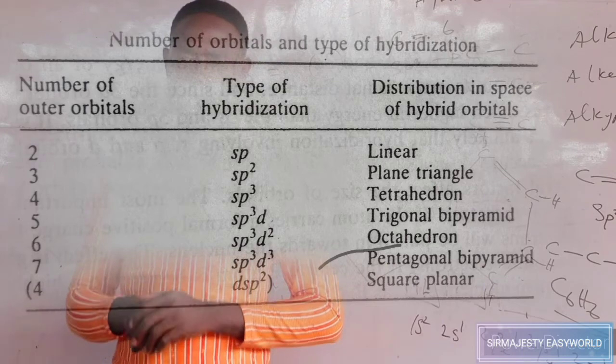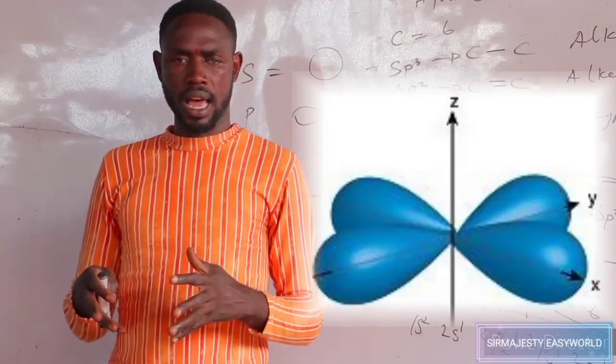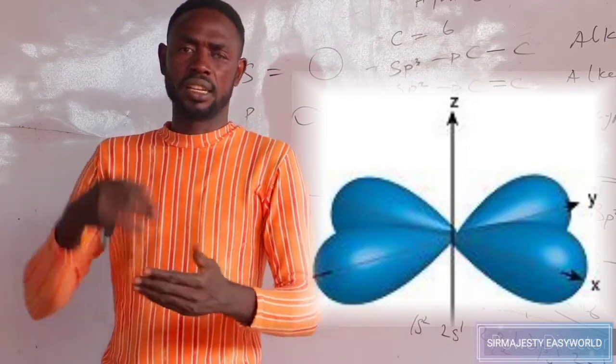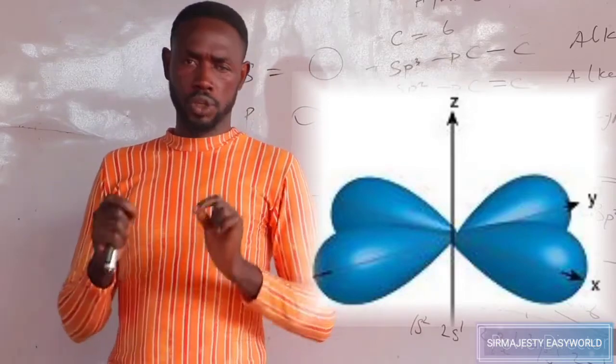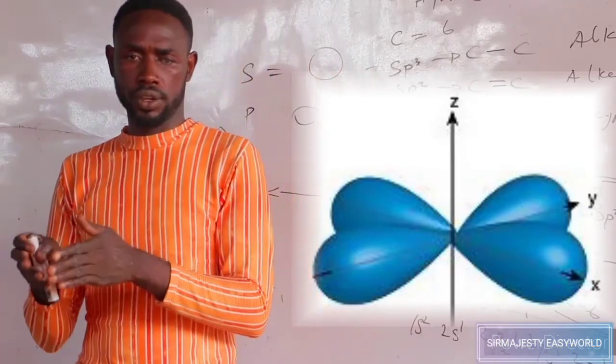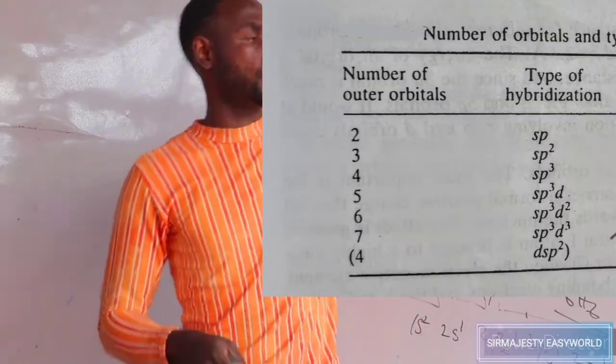Theoretically, if you have gone higher in chemistry, because of their large shape and higher energy, it becomes almost theoretically impossible for d orbitals to mix with s and p. But I'll show you conditions where d orbitals can participate in hybridization, and that will take us to other types of hybridization apart from sp, sp2, sp3.